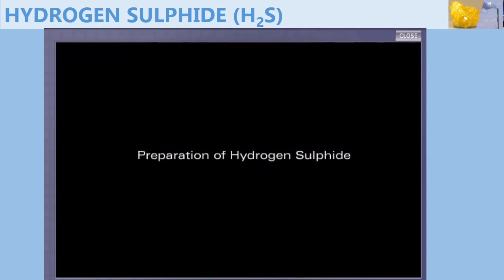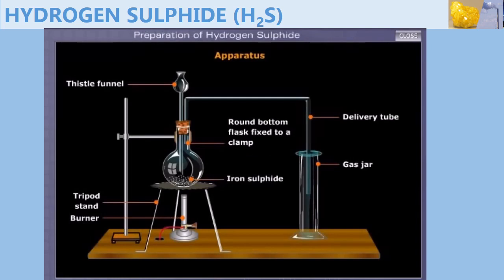The preparation of hydrogen sulphide in the laboratory. The apparatus is arranged as shown. A few pieces of iron sulphide are taken in the round bottom flask.